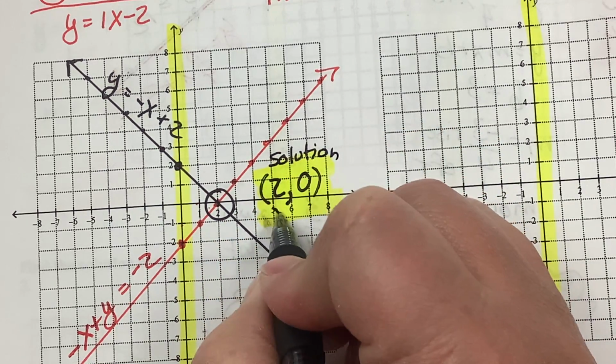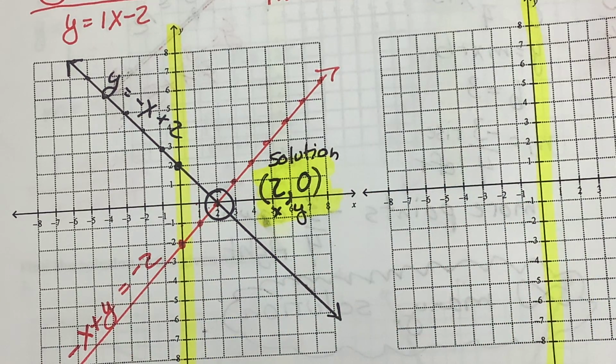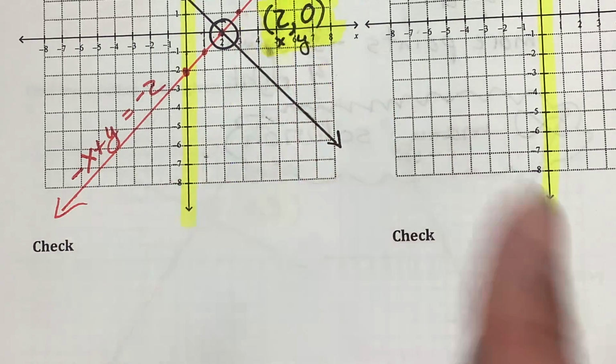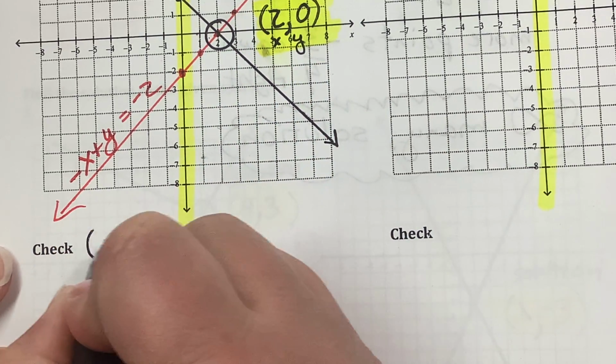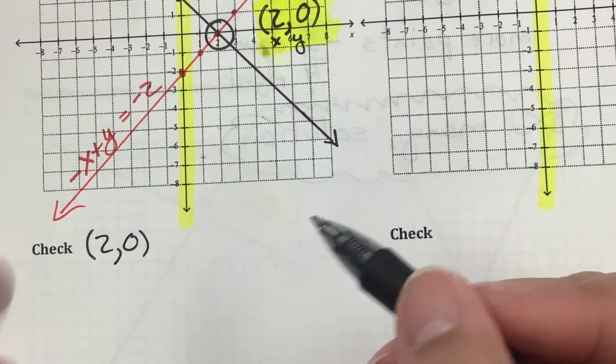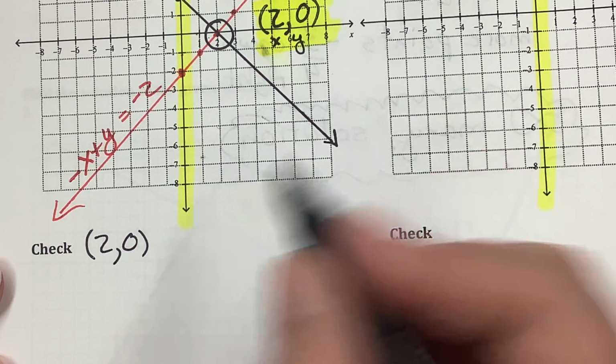And I'm just going to put a little x and a y under here, because now I'm going to check that solution. Sometimes you have to do this XY thing. So what am I checking? I'm checking my point, 2, 0. What am I checking? To make sure that this is really a solution to both of those equations.